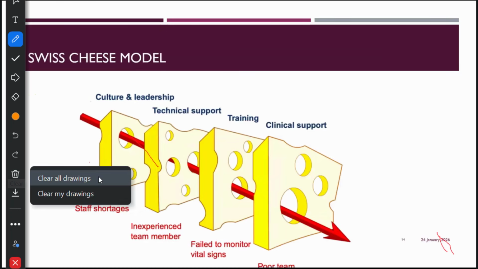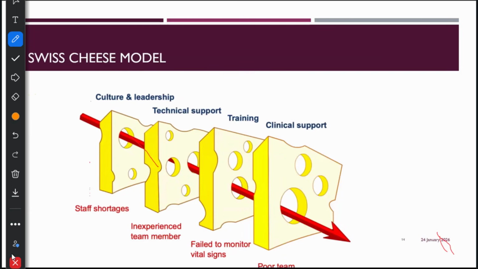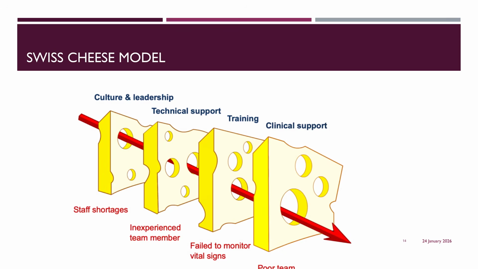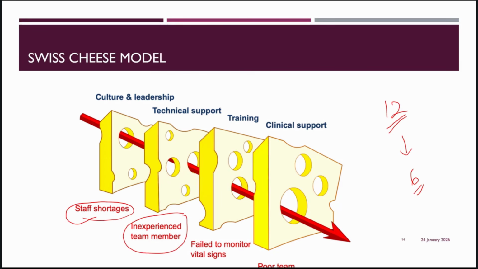In safety, we usually see the Swiss cheese model, which shows how many contributing factors there are. As you can see, there is staff shortage. If for a particular work you require 12 people but your company provided only 6, how are they going to manage? There is an inexperienced team member. If the people who are there don't have experience and don't know what they have to do, that is also a failure.